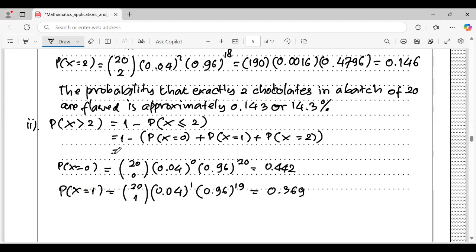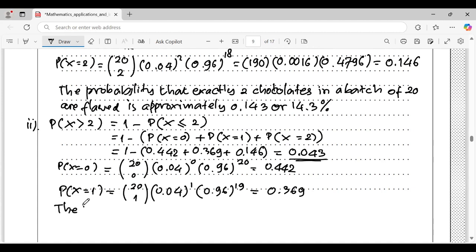So it means this probability x greater than 2 is 1 minus 0.442 plus 0.369 plus this one 0.146, and the result is 0.043.